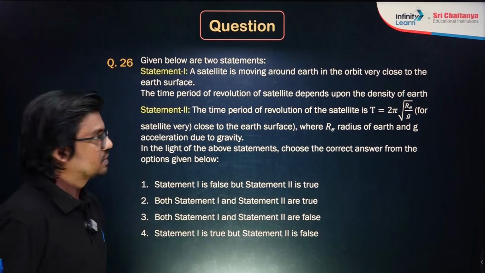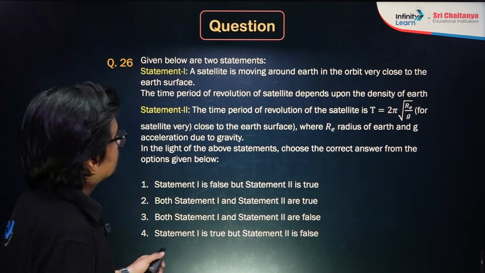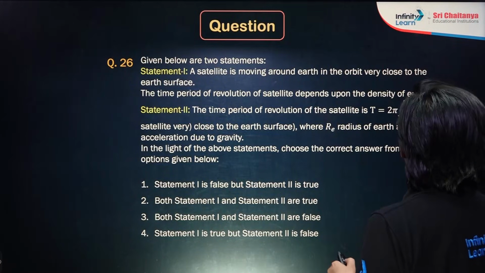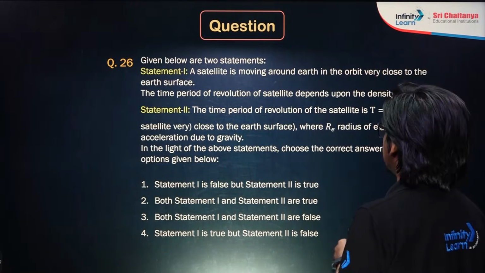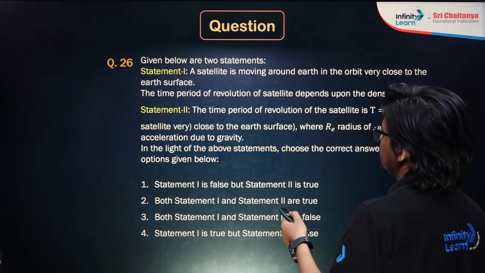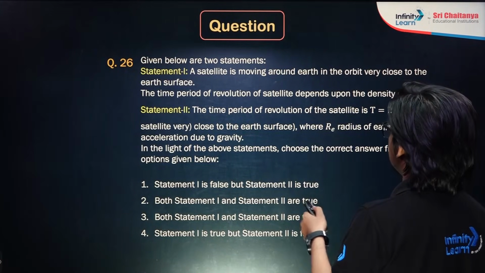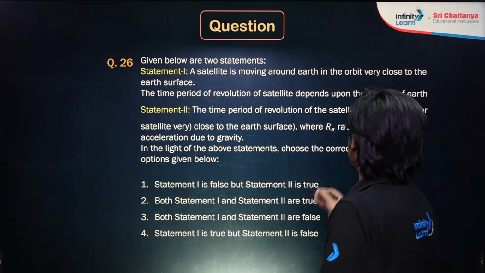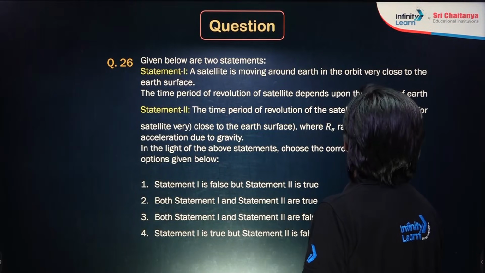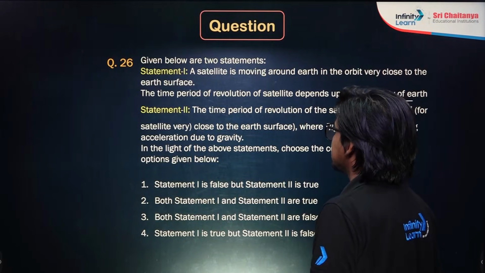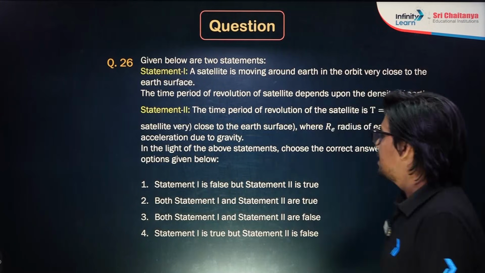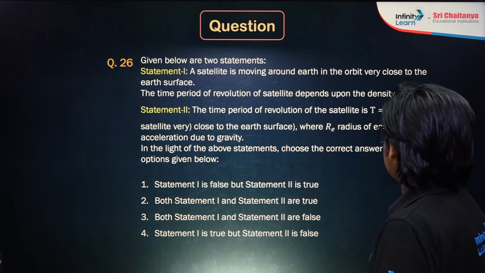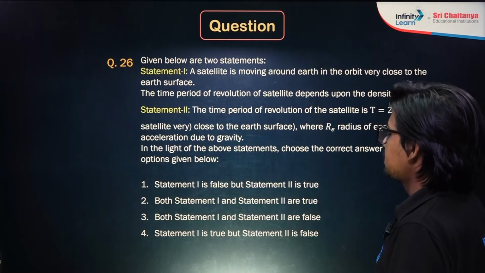Statement 2 is: the period of revolution of the satellite is T equal to 2 pi square root of Re by g, for a satellite very close to the Earth's surface, where Re is the radius of the Earth and g is the acceleration due to gravity. In the light of the above statements, choose the correct answer from the options given below.